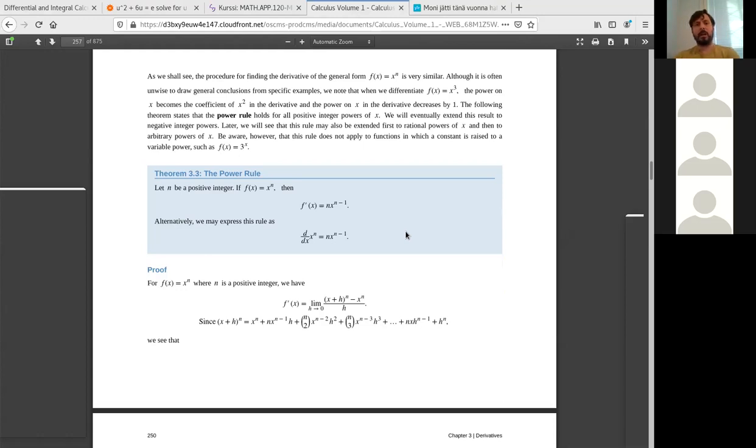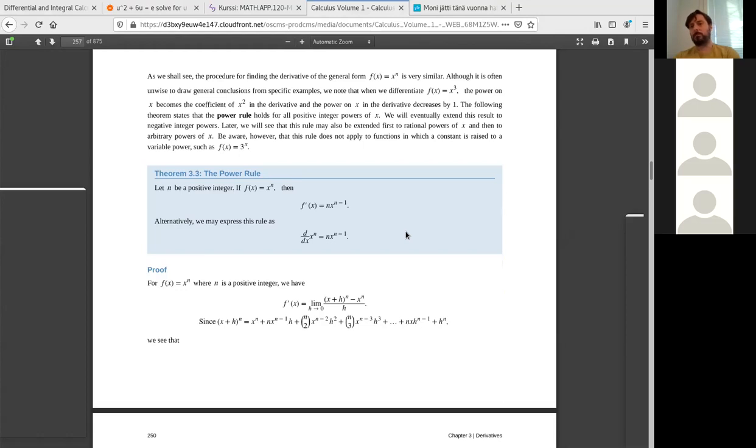topic. So let's see what happens to the power function, x to the power of n. And for illustrative purposes, we let n be equal to some positive integer. This in fact works for real numbers as well, but it's somewhat trickier and somewhat harder to prove.